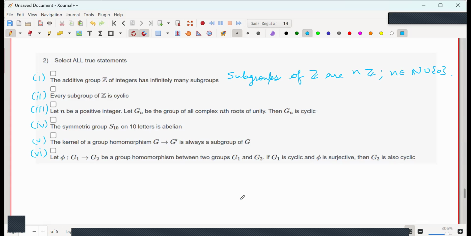So subgroups of the form nZ. This is a standard notation: nZ is the set of all elements which are multiples of n. So this is correct, right?